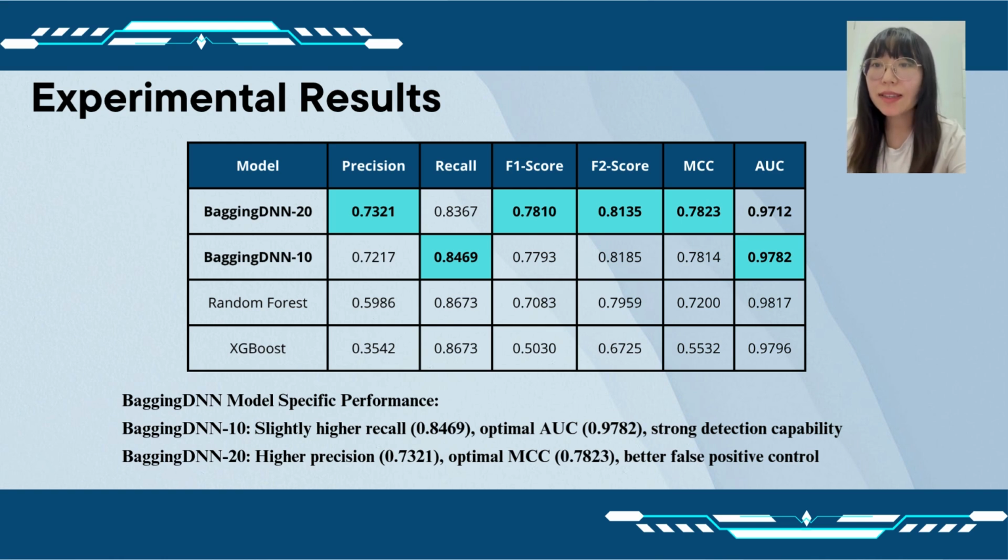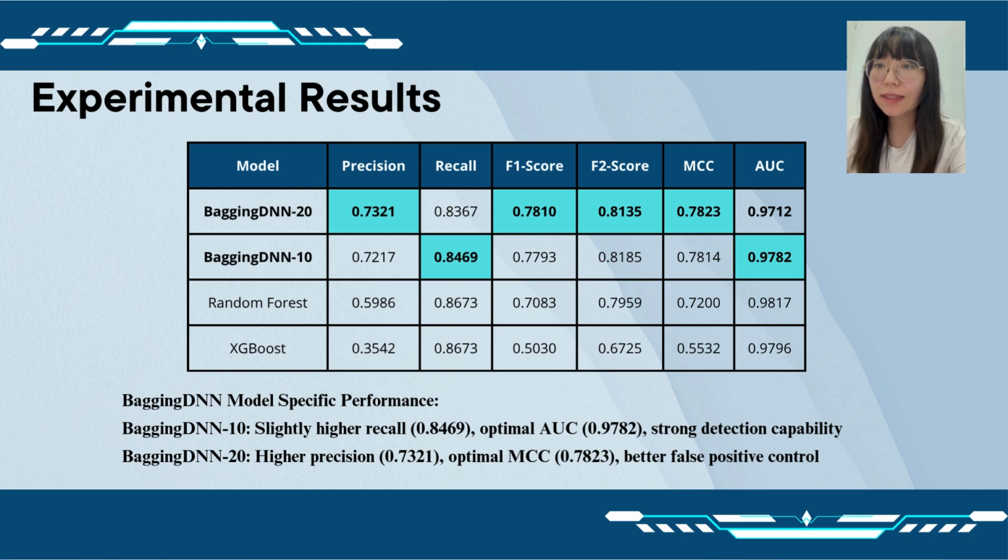The Geng DNN20 model achieved a precision of 73.21%, F2 score of 0.8135, and MCC of 0.7823, demonstrating strong control over false positives.